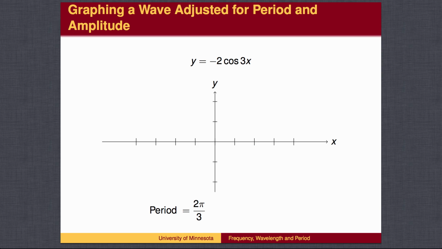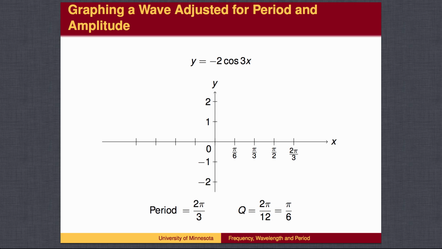We can graph a wave where both the amplitude and period have been changed. For y equals negative 2 times the cosine of 3x, we'll first mark the x-axis. The period is 2 pi over 3, which we divide into 4 equal parts of 2 pi over 12, or pi over 6.